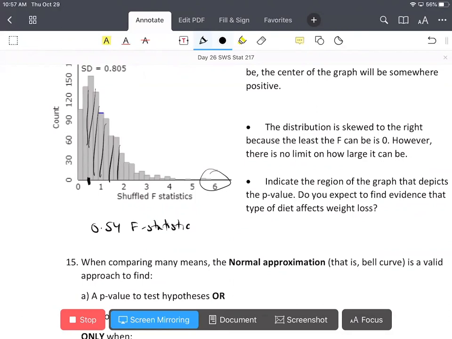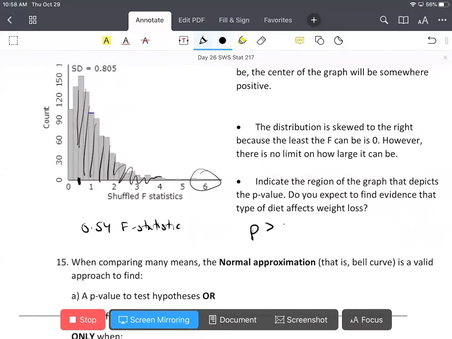This whole thing would be my p-value. So over 50% of the repetitions with a shuffled F are as big or bigger than 0.54. So the p-value is going to be greater than 0.50. So once again, no evidence that the type of diet affects weight loss. So effectively what we've been saying all the way along.